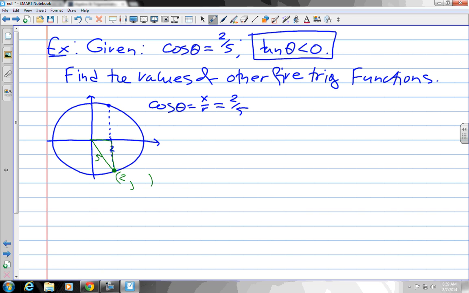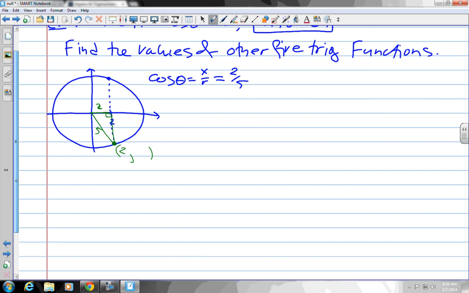In order for me to find the rest of the functions, I need to know the y value. How can I find the y value here? Hypotenuse is 5. One side is 2. And we'll find the third side. Pythagorean theorem, right? By the Pythagorean theorem, the other side, so the y value, is going to be the square root of 5 squared minus 2 squared, right?